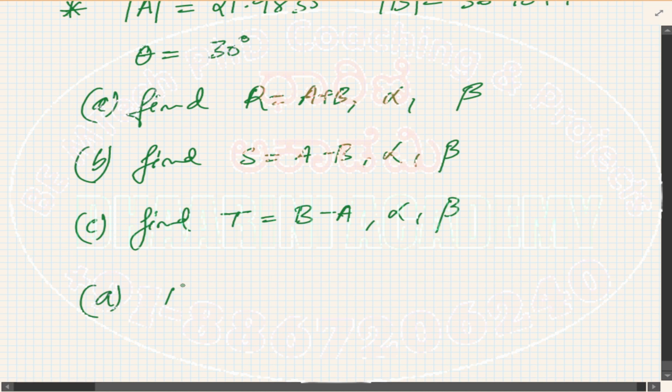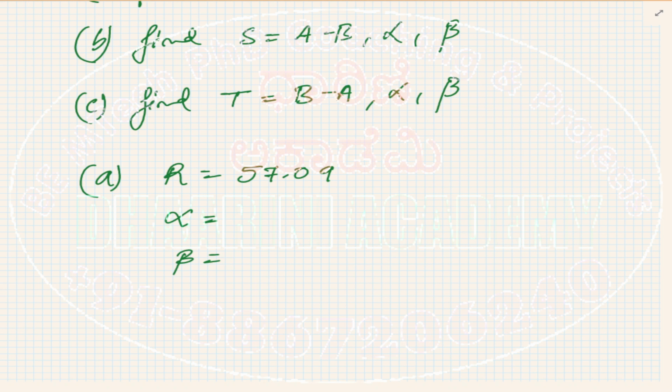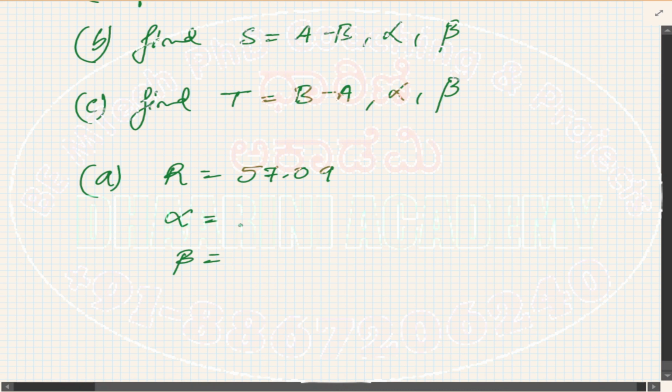Answering A, you will get R is equal to 57.09. All right, then we need alpha and beta. Okay, alpha is tan inverse of 0.362, then .362.